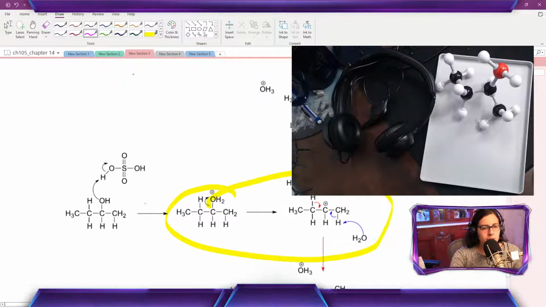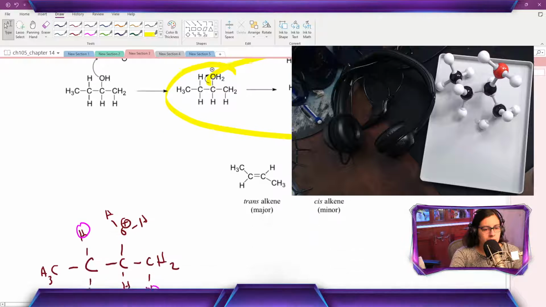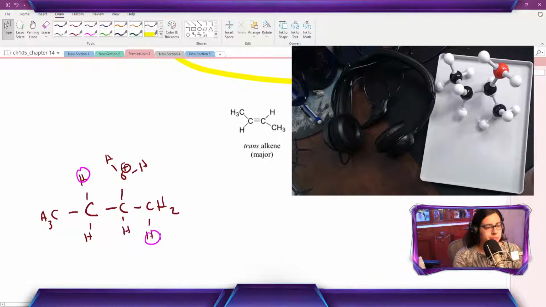And so what we find is that the major product is going to be the more substituted alkene here. So if you compare, it wants to do it to this carbon since it's attached. We have a primary carbon versus a secondary carbon. So this is more favorable.